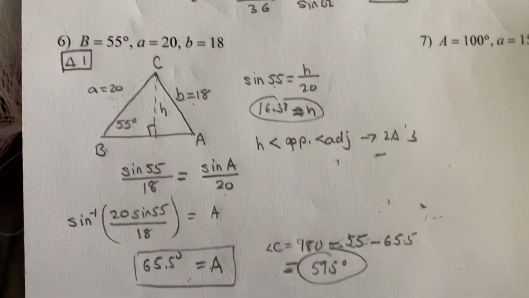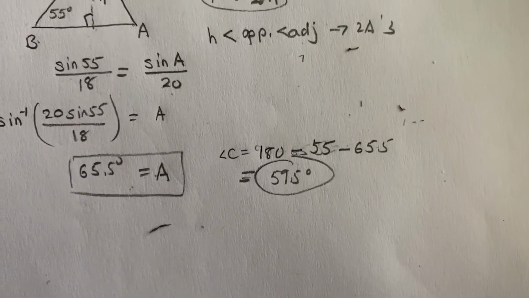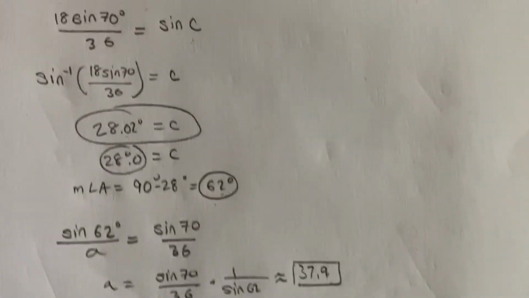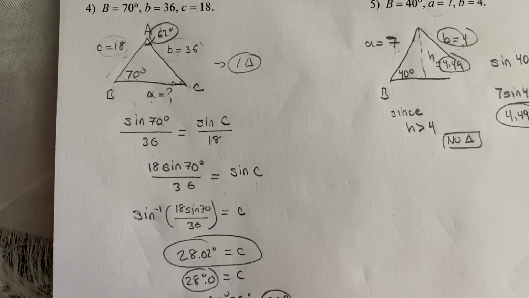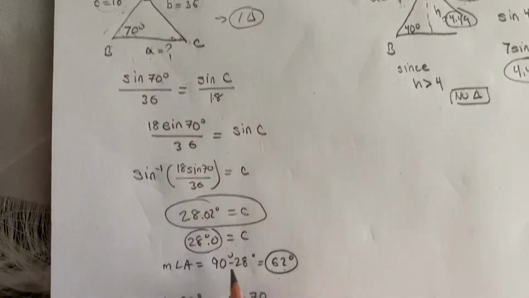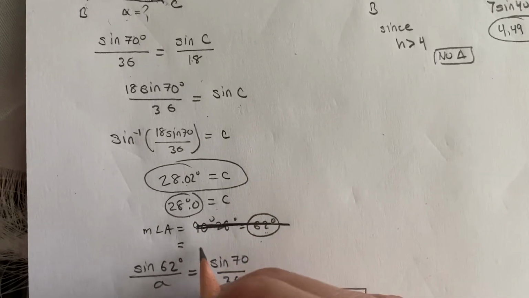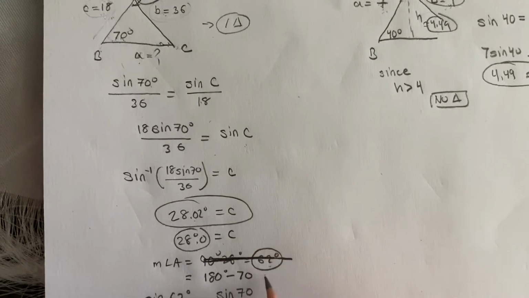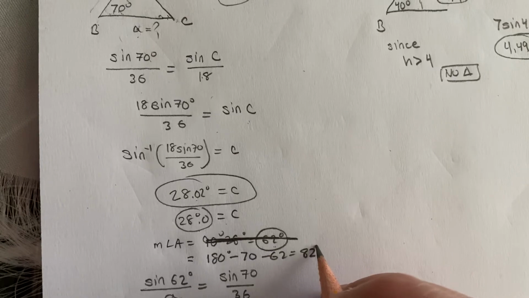Okay. All right, so I think I made a little typo. That's why I made a little pause there. On the previous problem, I don't know why I did a 90 minus 28. For angle A, you should just do 180. Made a little mistake here. 180 minus 70 minus 62, which will actually give you 82 degrees.